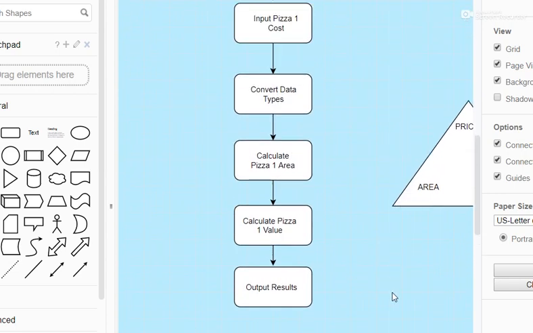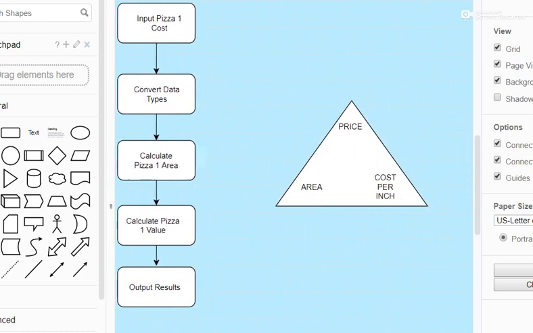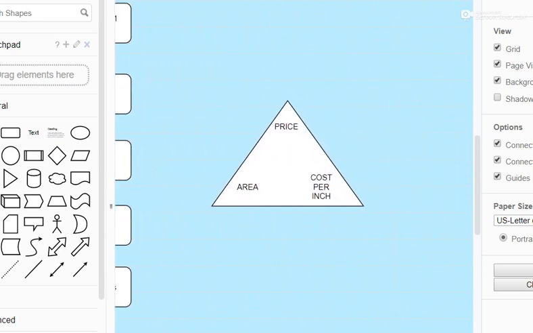Now when it comes to calculating the value of a pizza, it's going to be the cost per square inch which we need to determine. What we have is the overall price, and we will have the area when we do the calculation, and those two will give us a cost per square inch.